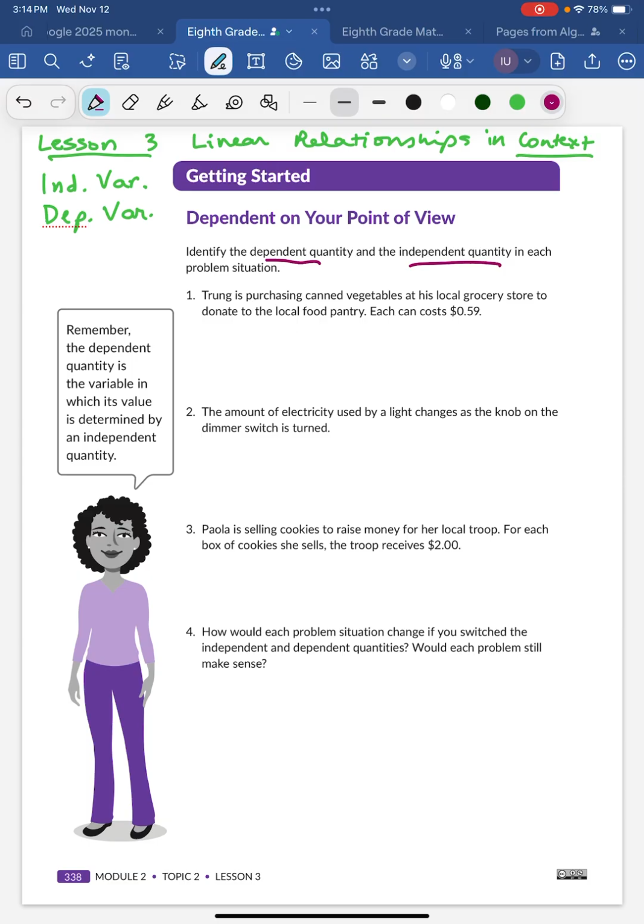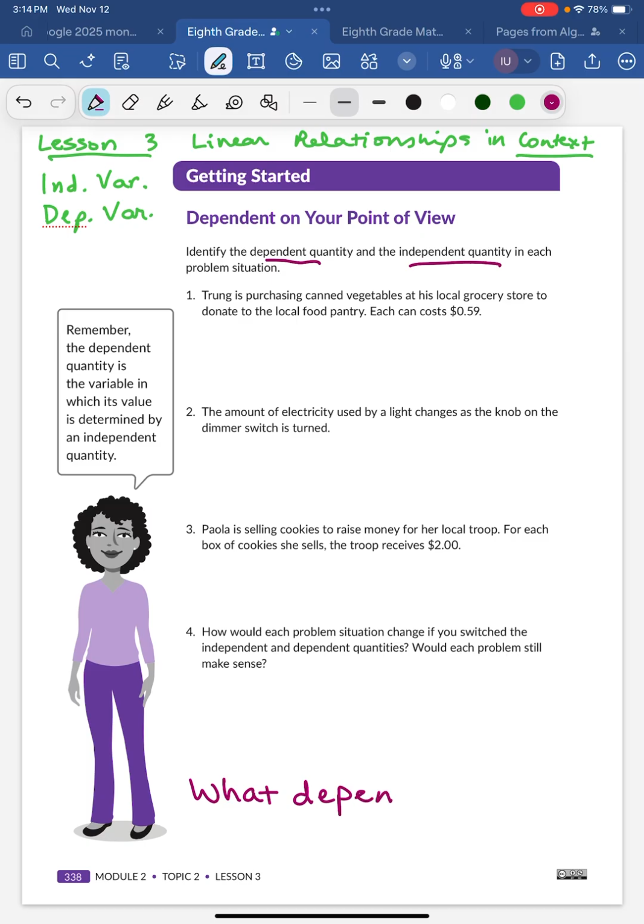Trung is purchasing canned vegetables at his local grocery store to donate to the local food pantry. Each can costs 59 cents. So remember, you want to ask yourself, what depends on something else?